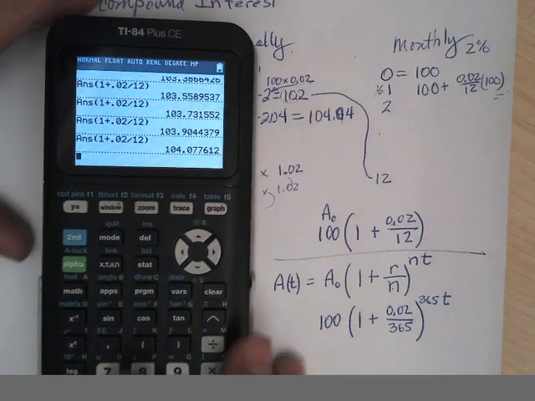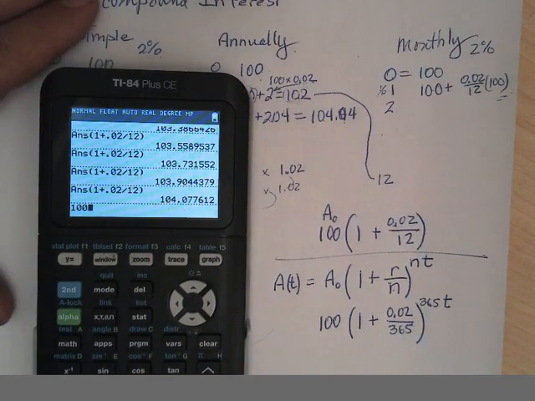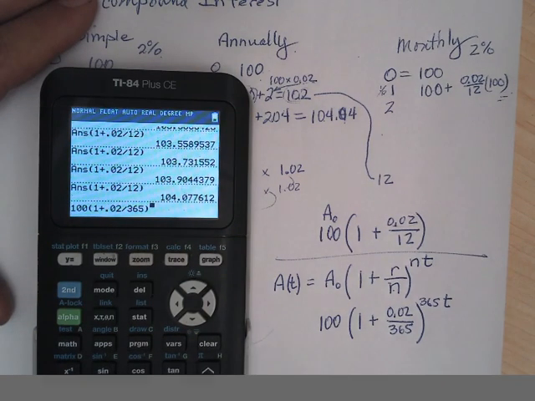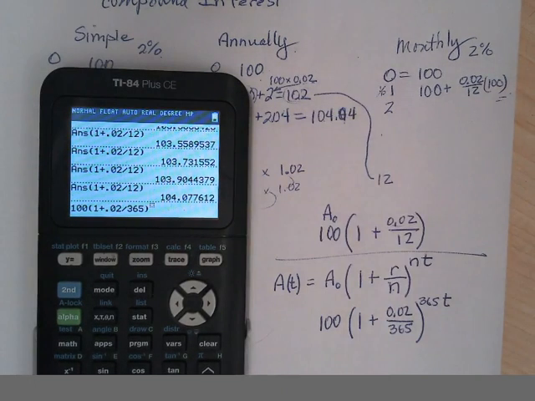So I can type it in like this: 100, parenthesis, 1 plus 0.02 divided by 365, close parenthesis, to the, and if you're using the older calculators, you've got to put the exponent in parentheses, 365 times the number of years.